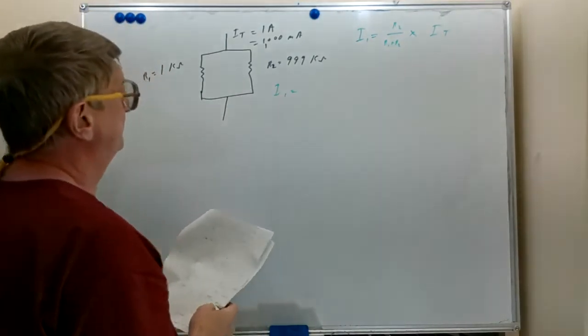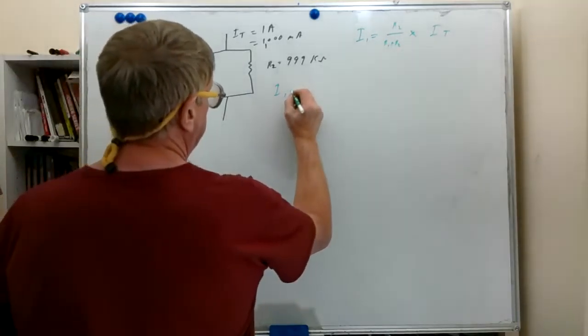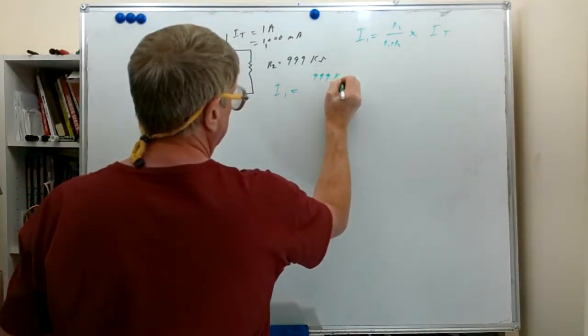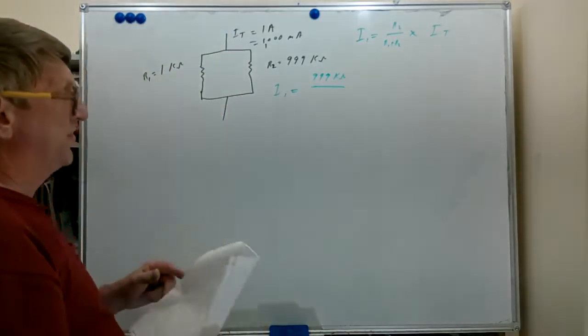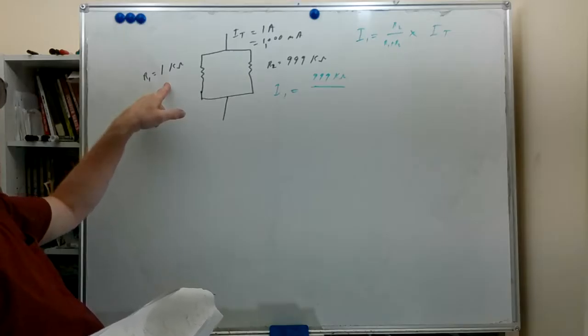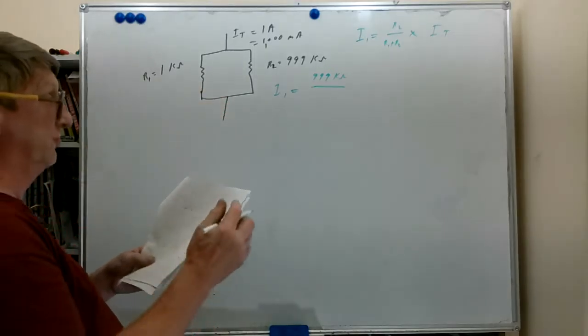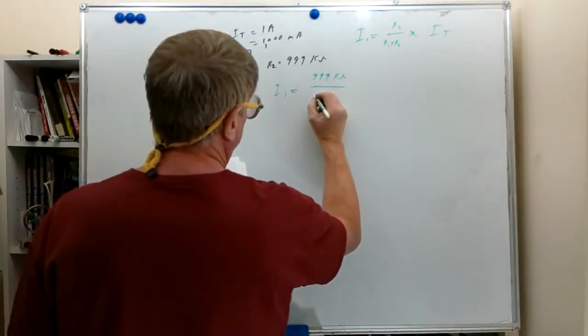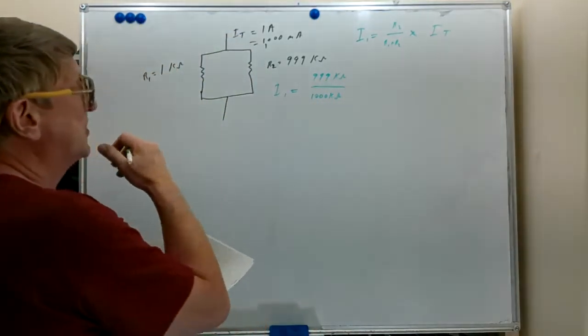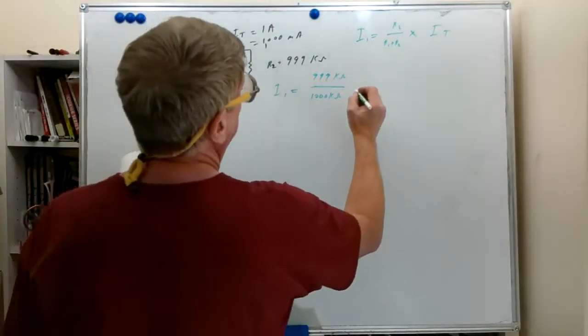I1 equals R2, 999K, over the sum of these two. Well, 999K plus 1K is 1,000K, so we're going to go straight to that step. R1 plus R2 is 1,000K ohms. The current, 1,000 milliamps.